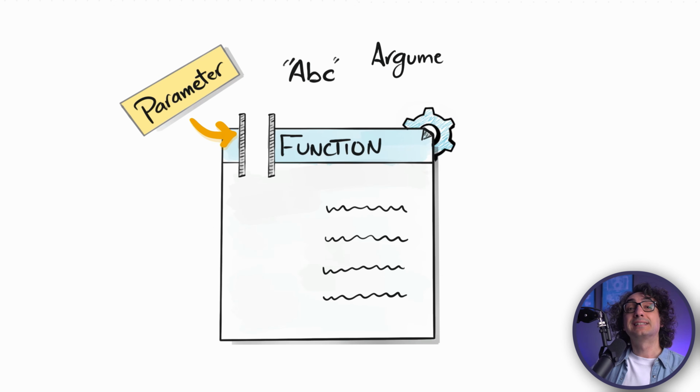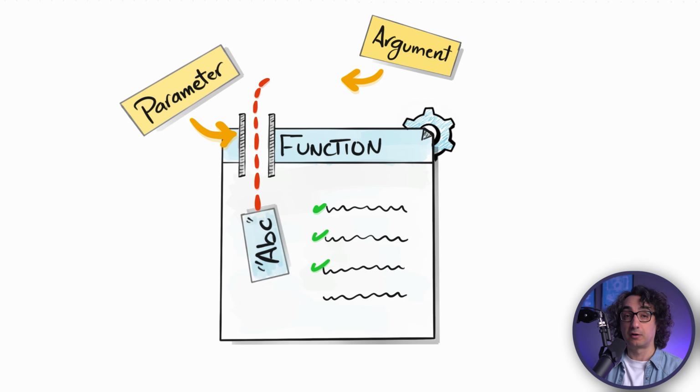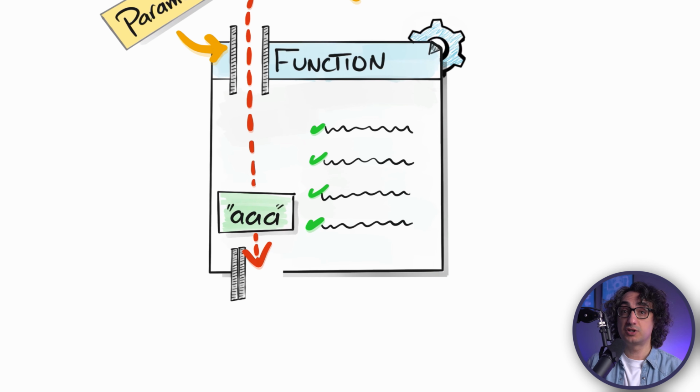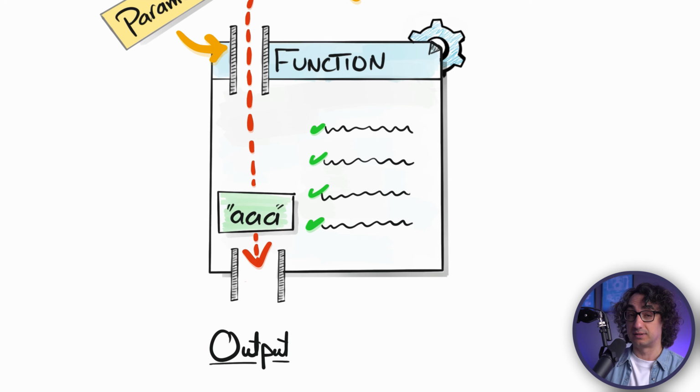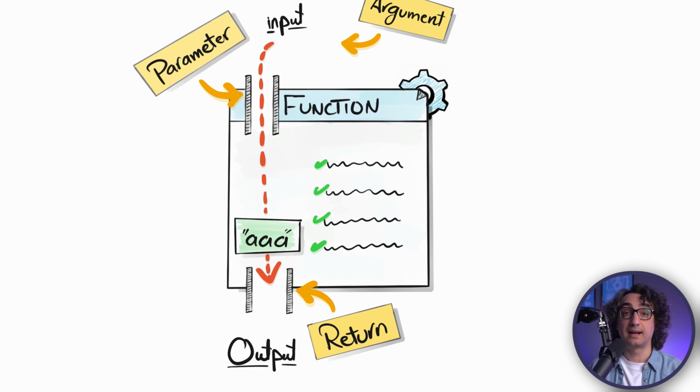Now, so far, all we have talked about is how the data goes inside our function using the parameters and the arguments. So this is actually one shape of the functions, but of course we can extend it where we build an output from the function so the data goes outside the function. And of course we can do that using the keyword return in order to return something back to our program.